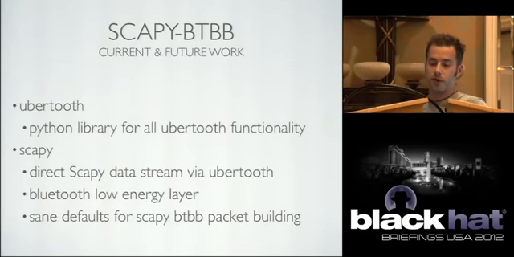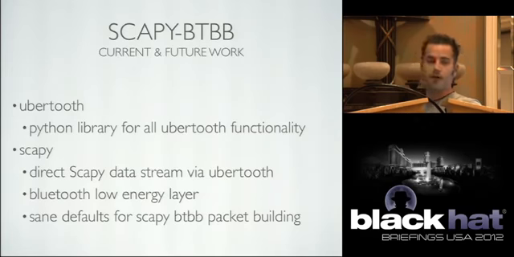Current and future work. Currently working on a Python library to actually interact directly with the Ubertooth in order to use all the shared library stuff that they supply. Also, I would still like to build a direct stream into the Ubertooth so I don't have to be running Kismet in the background while I'm getting a lot of these logs.